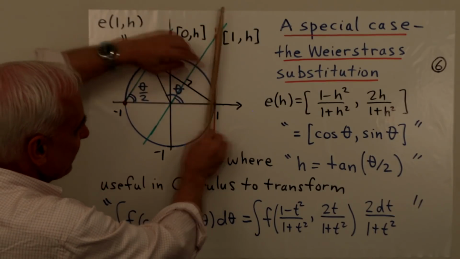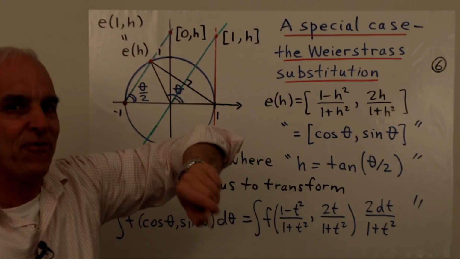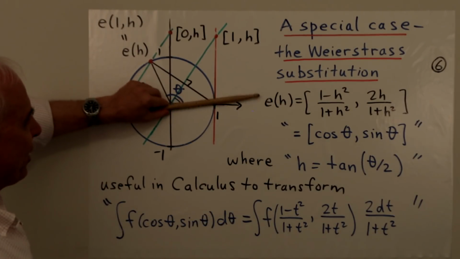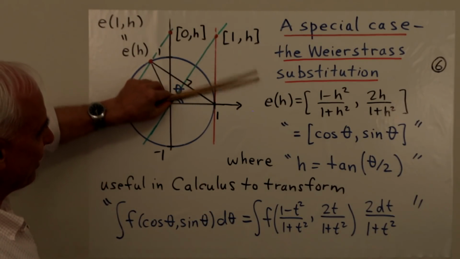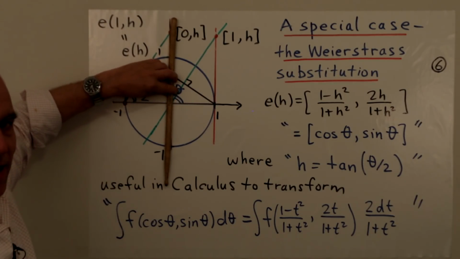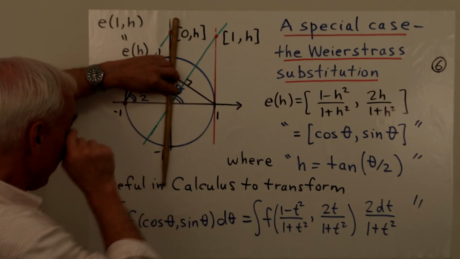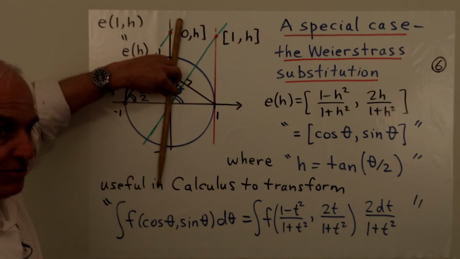So that means that this line here cannot quite go through the full range of motion. We can get any line that we like in this direction, except for the vertical line. That one we can't get. And that's the reason why we can't get at this point over here, because it's not included in the rational parameterization.